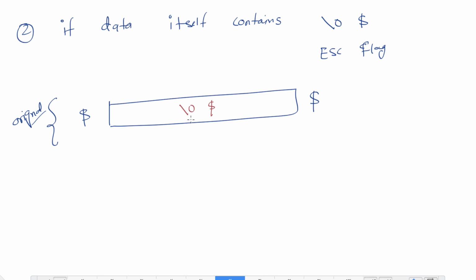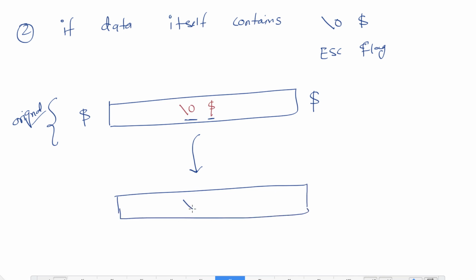So in that case, what should we do? We cannot send this as it is. So what is the solution? You can think about the solution. The solution is that we will add two ESC flags here, one for this ESC, one for this dollar, which means after stuffing it will become something like this: \0, this is what we have added for this ESC, and then \0, this is what we have added for this dollar.